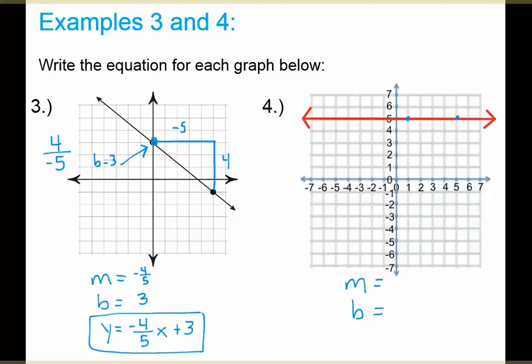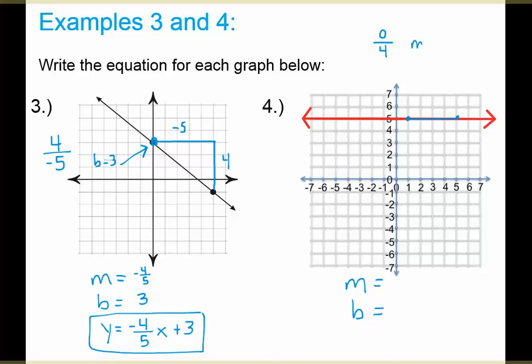Okay, what's the rise to get from one of these points to the other? Well, you're not really going up or down anywhere. You're kind of staying put. So you're moving nowhere. You're going 0. The run, well, in this case, it's 1, 2, 3, 4, but it really could be any number you want it to be. I could have picked any 2 points, right? The point here is 0 over anything is 0.